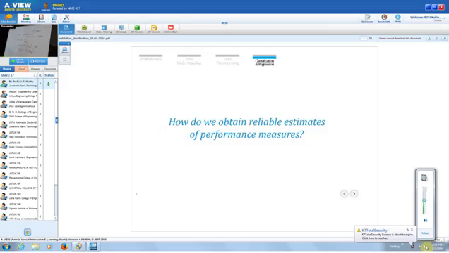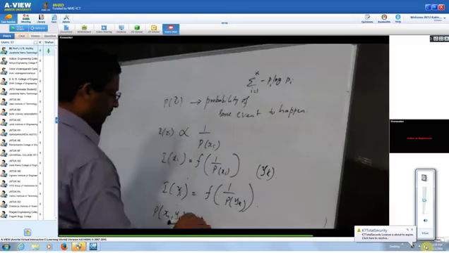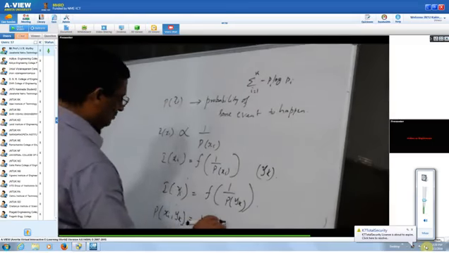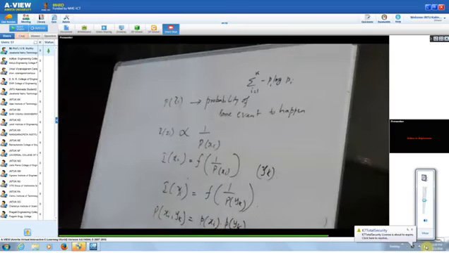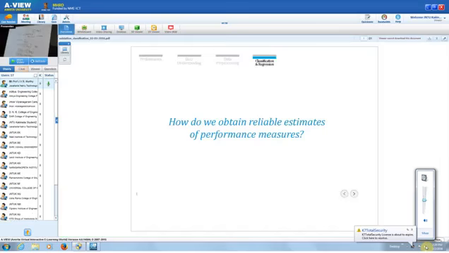So the probability of both events happening, P of xi comma yk, is equal to P of xi into P of yk. Do you agree? This is the combined probability of two events happening.